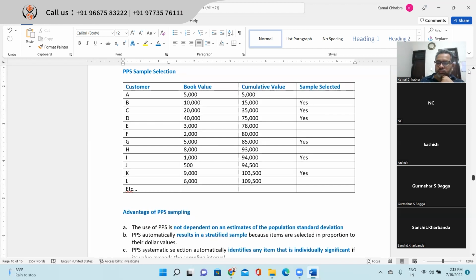Is it the first number only or any number from the middle? Because there is a possibility that we stop at the first 60 samples, and after that there may be big amounts that hit materiality. No, why do we stop at 60 samples? Because the sample size here is 60.